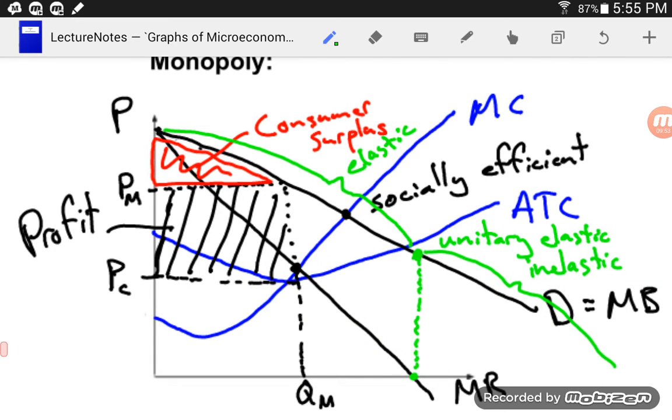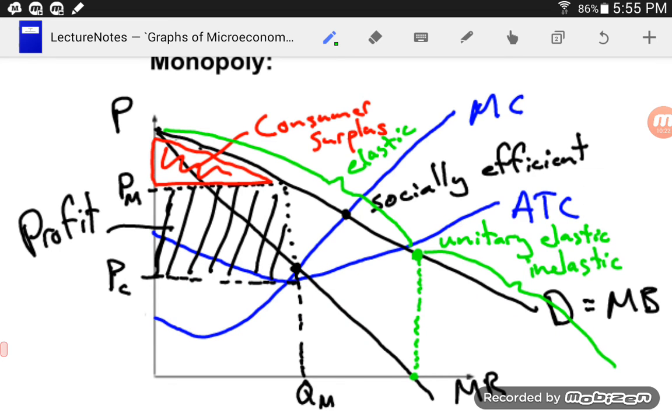And the only way that happens is if the drop in price is a greater percentage than I lose in quantity. So it's kind of an important thing to keep in mind. You may see a question or two about that. At this point we're at unitary elastic. At this point we're always elastic, and down here we would be inelastic.